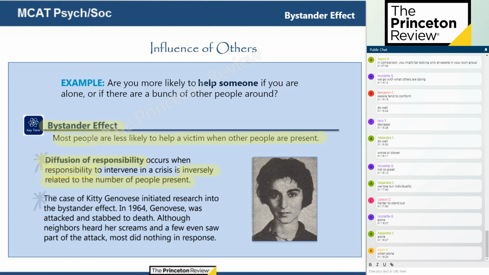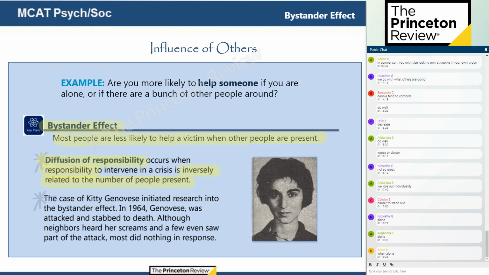This phenomenon became a social psych principle as the result of some researchers taking interest in the case of Kitty Genovese. Happened in the middle 60s. She was attacked, stabbed to death right outside her own apartment complex.